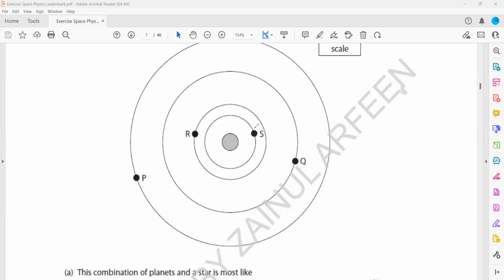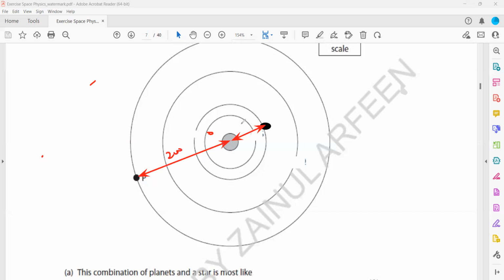And then what is the maximum distance between them? How can we work out the maximum distance? To get the maximum distance, R should be on the opposite side. Like R should be here. So this distance is 200 and this is 50, all distances from the center.